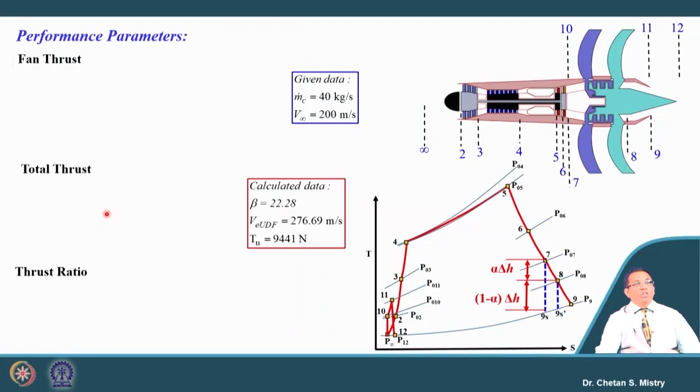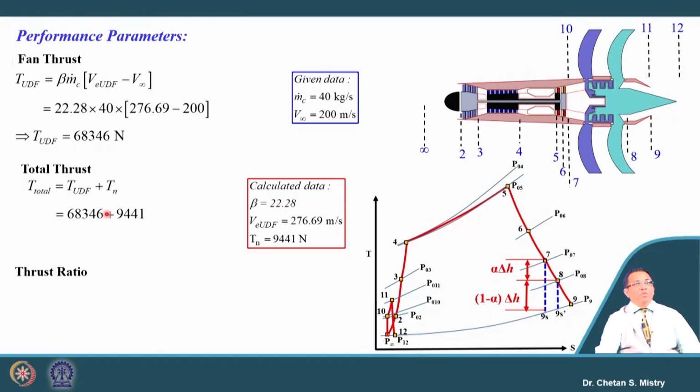Now, once we have this beta value, let us put these values here. For the unducted fan, the thrust generated can be calculated based on beta into m dot core into the bracket of exit velocity minus free stream velocity. It says the thrust generated is 68.34 kilonewton.